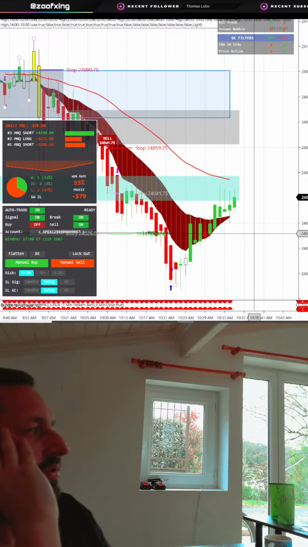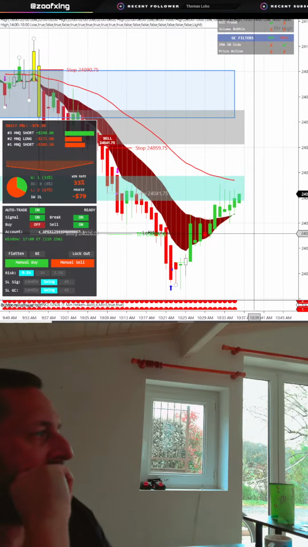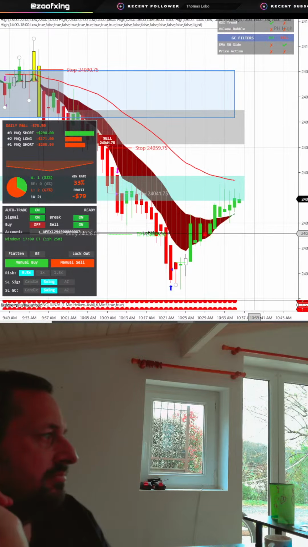But we have managed to go through the candle high. What do you think, guys? Is the 4 hour going to win? Or are bulls going to push it through?